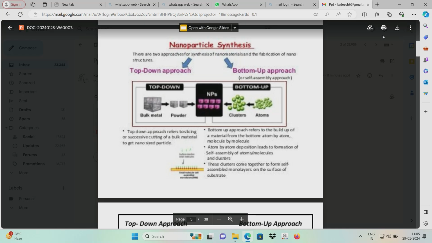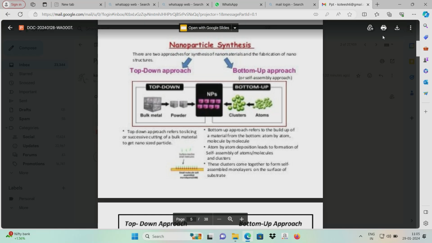Here initially we take the atoms and make them into clusters, and these are again made into nanoparticles. For example, you can take a brick and cut it into small pieces. You can consider the brick as the bulk material, and with the help of a hammer you can break the brick into small powder. Keep that in your mind: the top-down approach is like this.